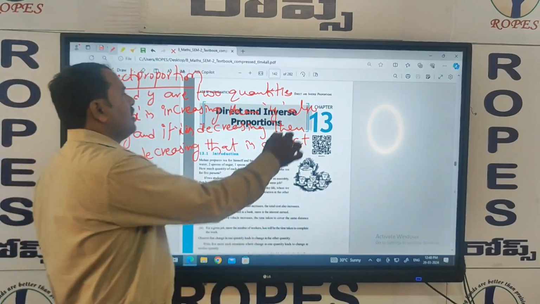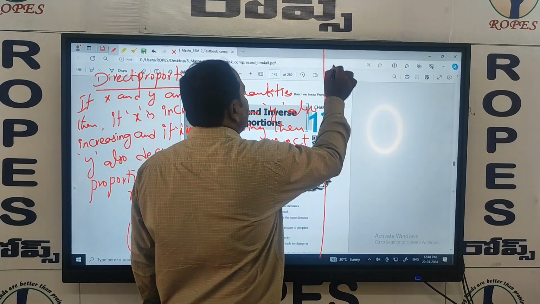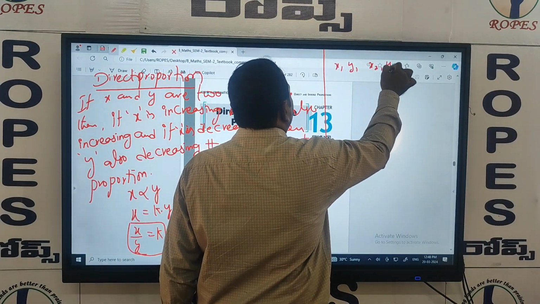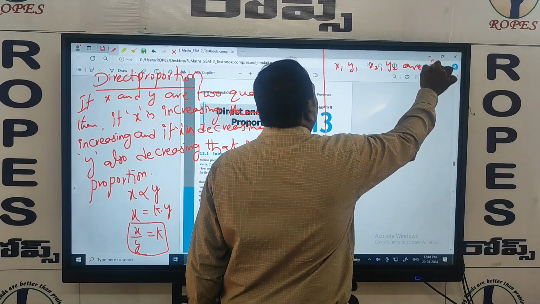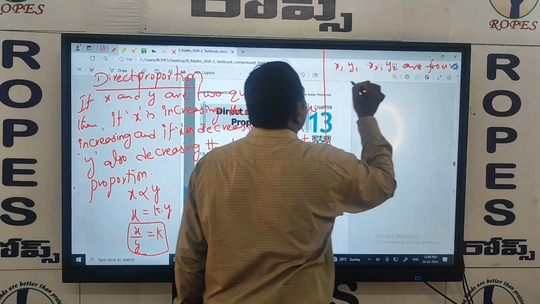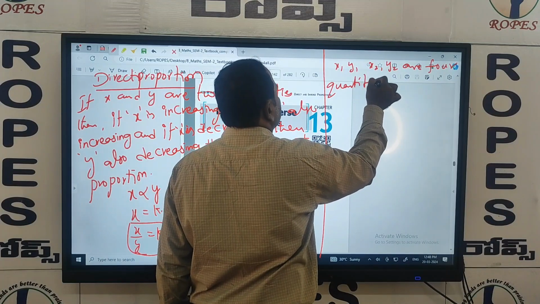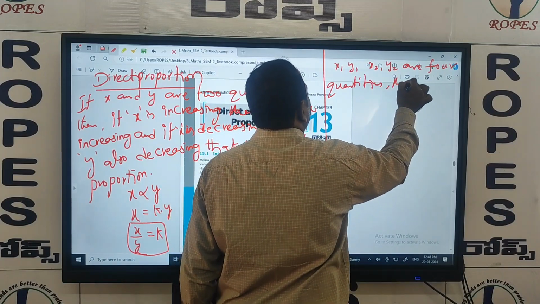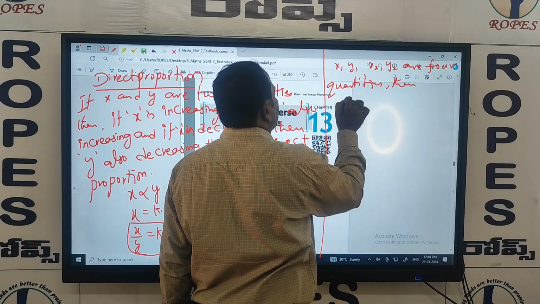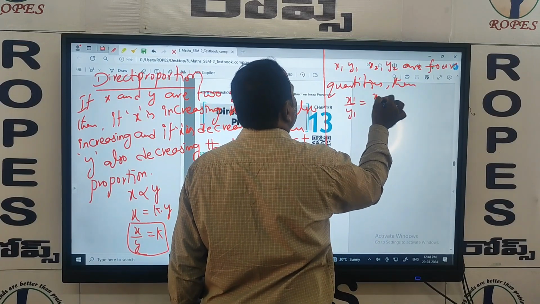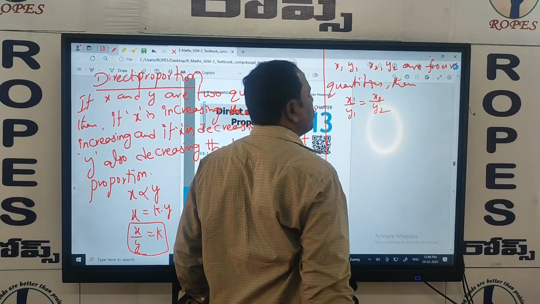Now if we take x1, y1, x2, y2 as four quantities, then x1 by y1 is equal to x2 by y2.